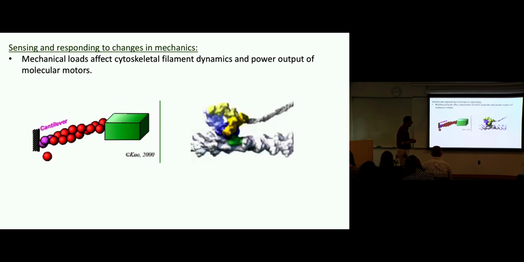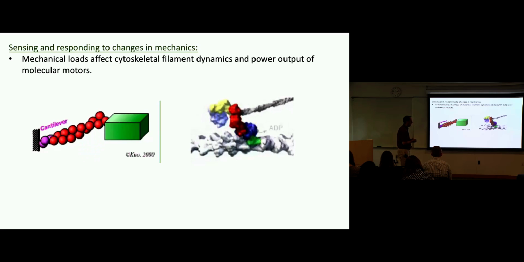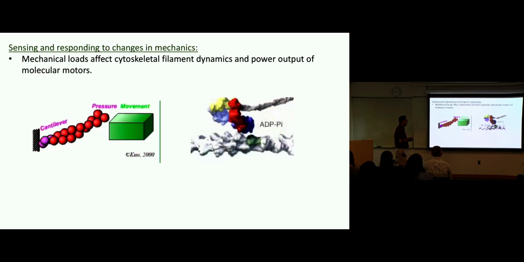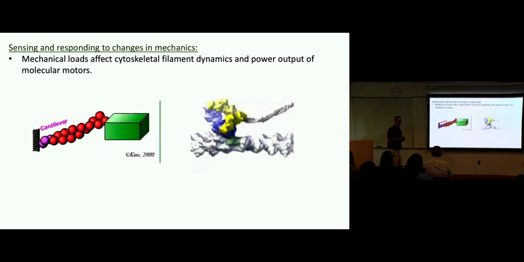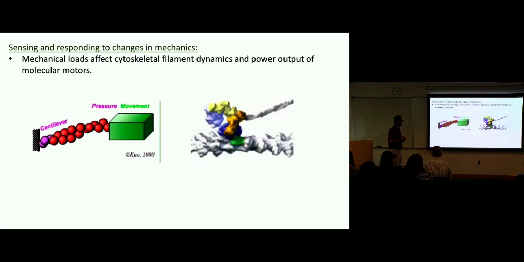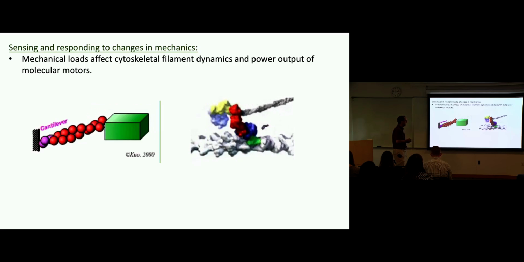So this is an actin filament bound to a myosin molecule, and the myosin's undergoing its ATPase cycle. And this ATPase cycle is responsible for generating mechanical work. Load that resists this power stroke affects the ATPase kinetics, and I'll show you some details related to that at the end of the lecture.